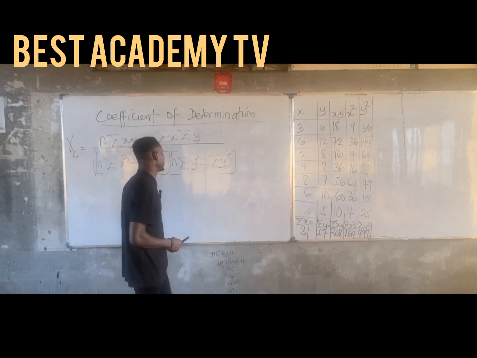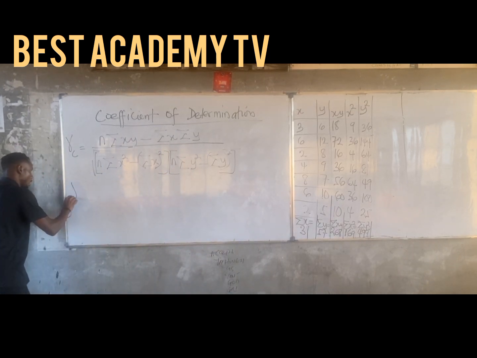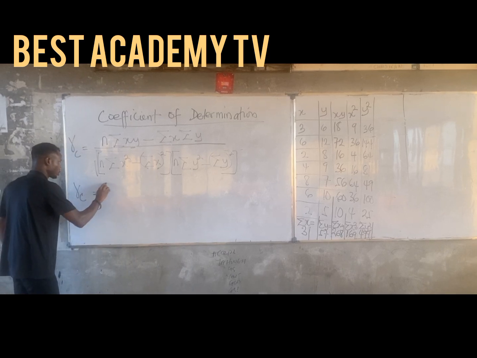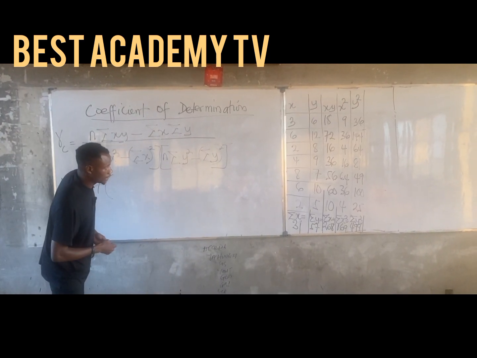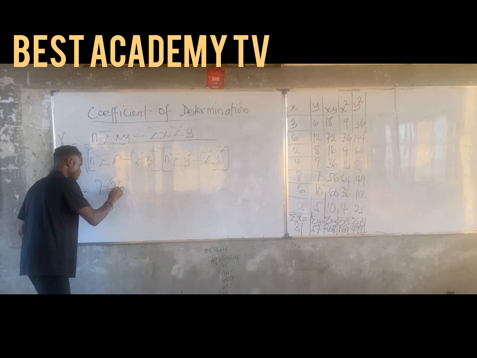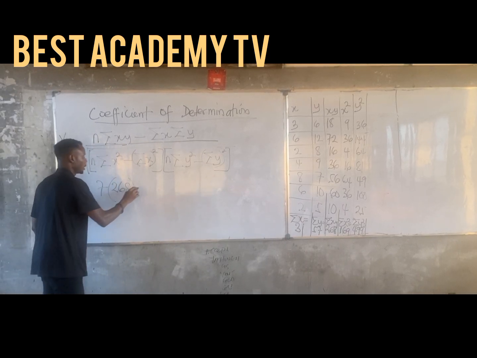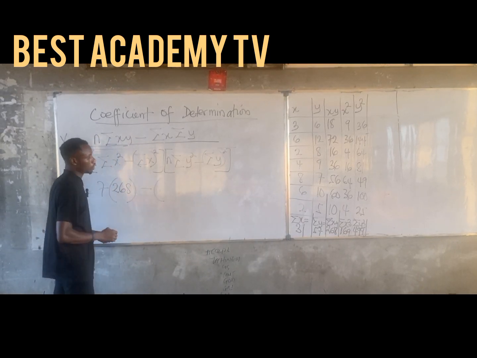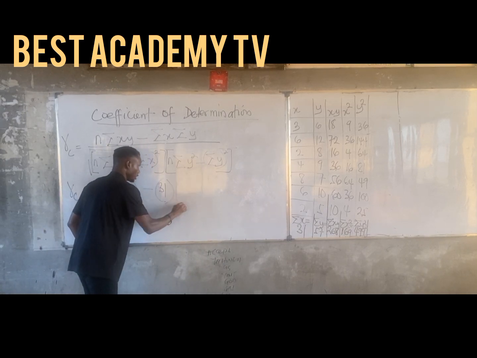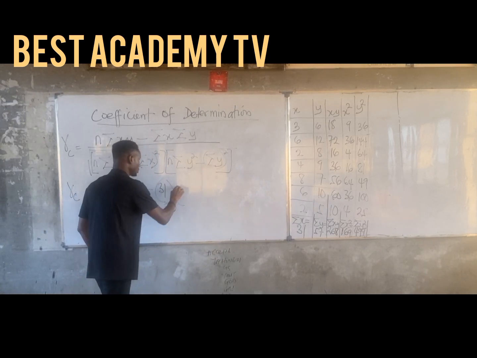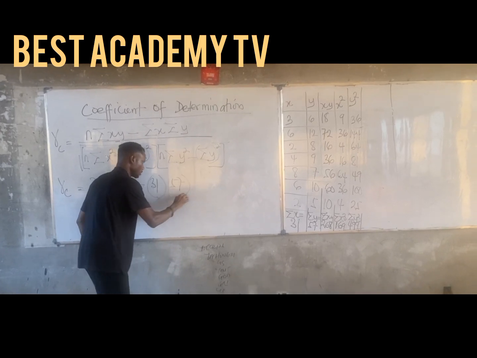Okay, let's impute the values here. This is going to be r here will be equal to 7 into sum of sy gave us 268, okay, minus the sum of s is what? 31. Okay, now the sum of y is what? 57. Please take note.